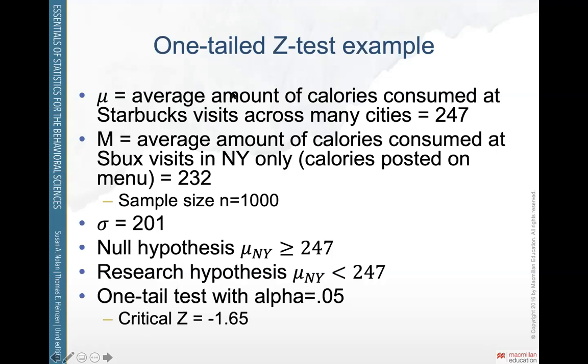Our population mean here is the amount of calories that people consume for a trip to Starbucks, and the population is based on trips to Starbucks from all American cities. And so 247 calories was the average amount of calories consumed at Starbucks. This is the population mean. So it's taking many cities across the entire United States, we'll say.